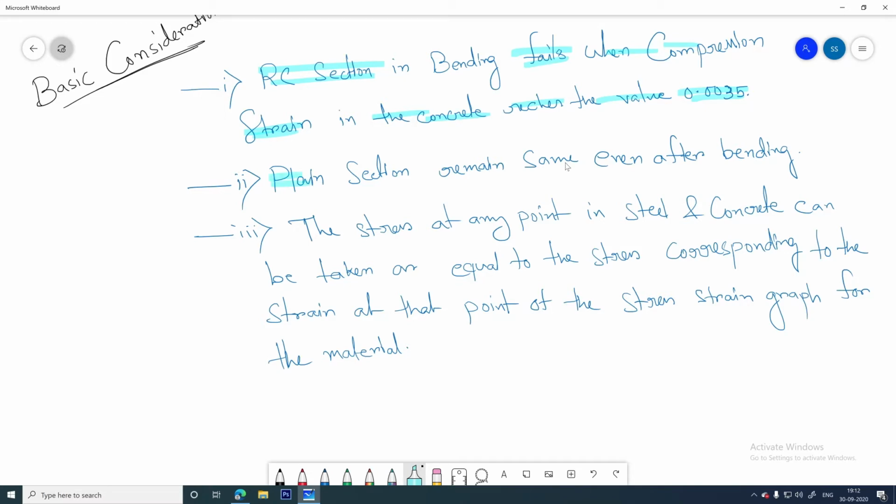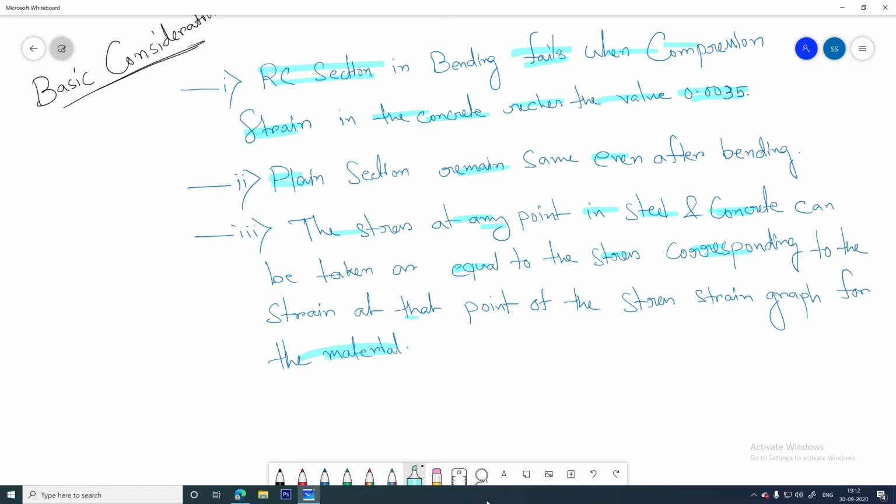Plane sections remain plane even after bending. This is given in the code. The stress at any point in steel and concrete can be taken as equal to the stress corresponding to the strain at that point of the stress-strain graph for the material.